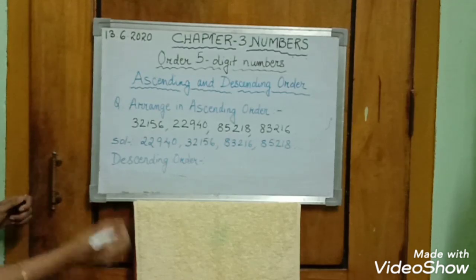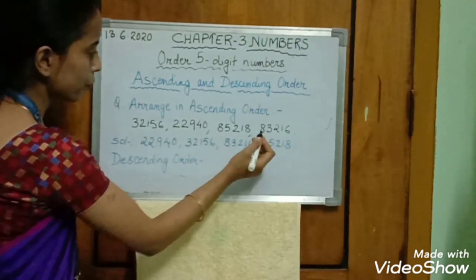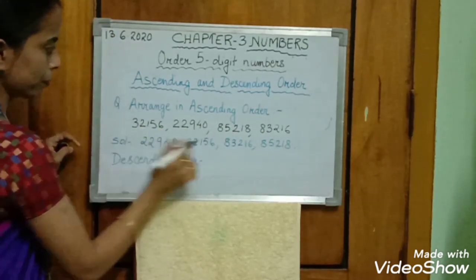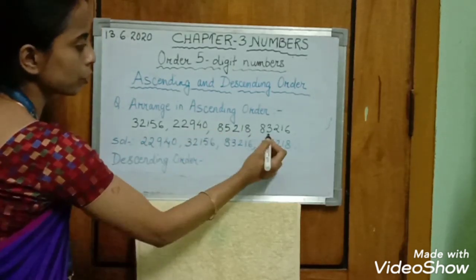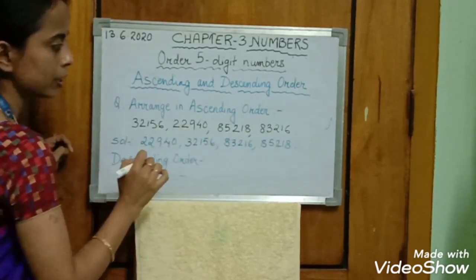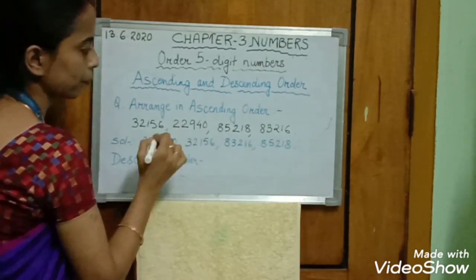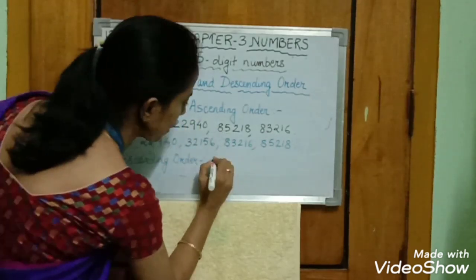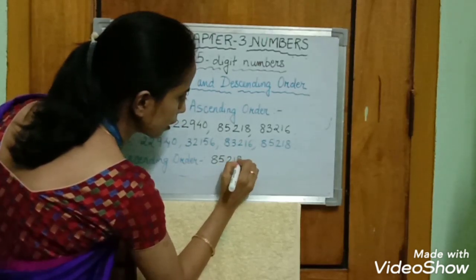Again, we have to see the place value. Now, in this number you can see here, we see the 10,000 place. Again, same. 8 is greater. Here, in these two numbers, the 10,000 place is same. So here we will see what? The 1,000 place. 5, then 3. So 5 is greater than 3. So which number will come first? 85,218.